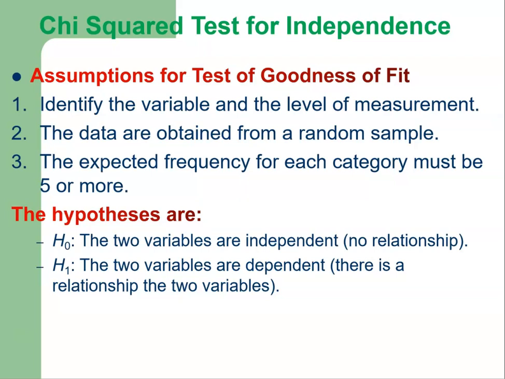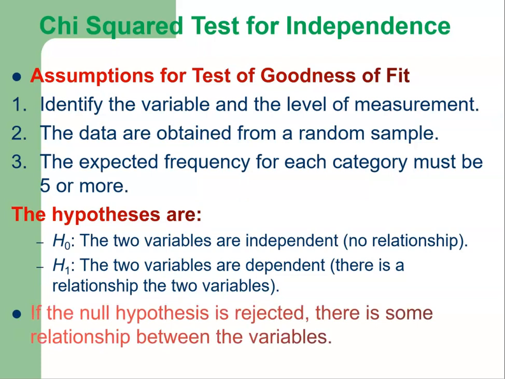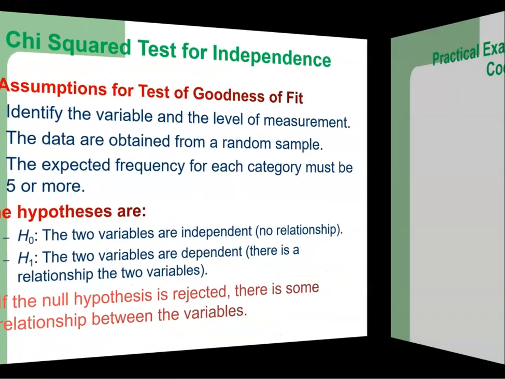The alternative hypothesis, denoted by H1, states that the two variables are not independent, which means that there is a relationship between the two variables. If on the basis of the test statistic we reject the null hypothesis, then we conclude that there is some relationship between the two variables.